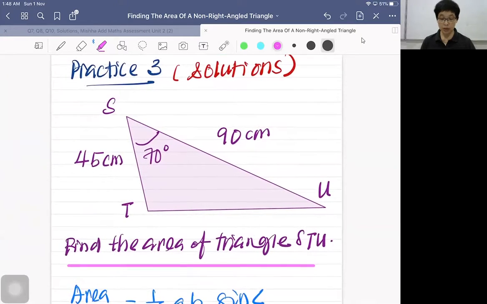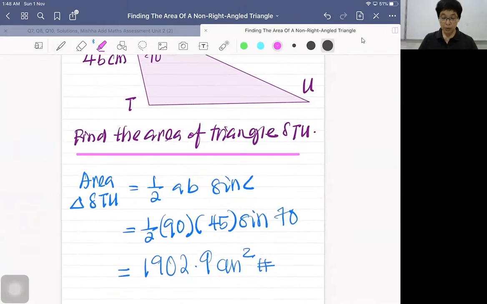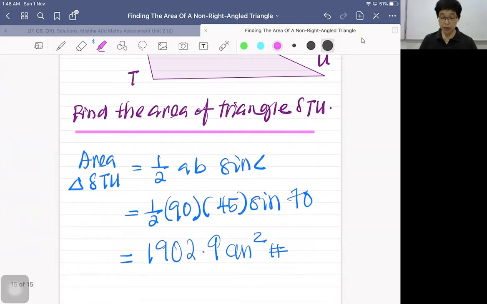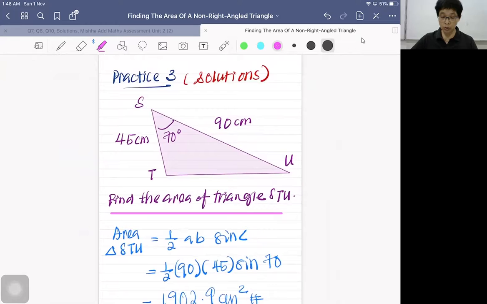Here we go. This is the solution. Coming back to the formula, half AB sine C. Yes, if you go back to your diagram, you know that you have the angle. And do you have the sides that sandwich the angle? Yes, you have both sides that sandwich the angle.